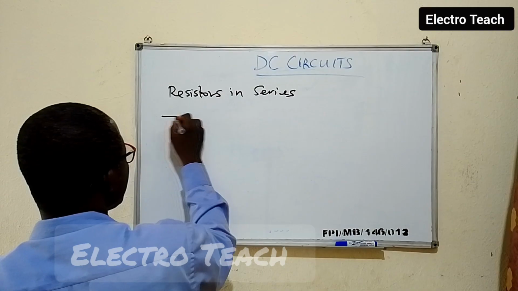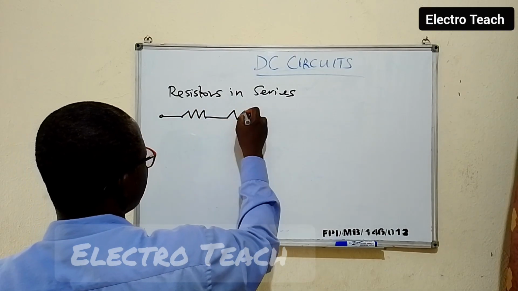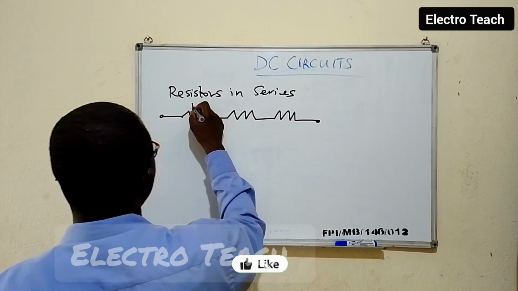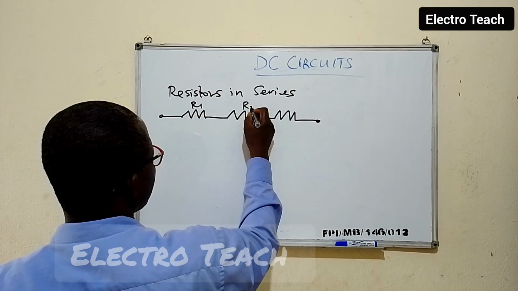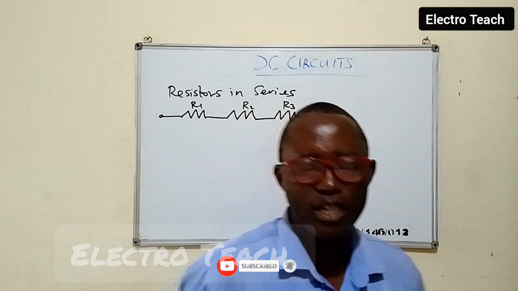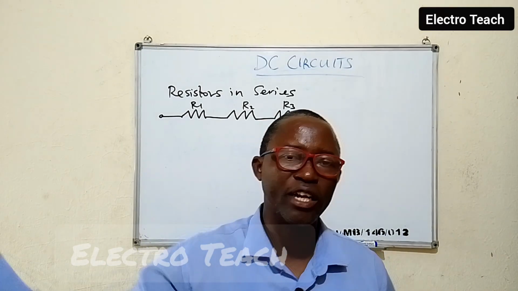So when you have resistors in series, you have something like this. This is resistor R1, resistor R2, and resistor R3. When you have resistors connected in this manner, we have series connection, or kind of chain connection.